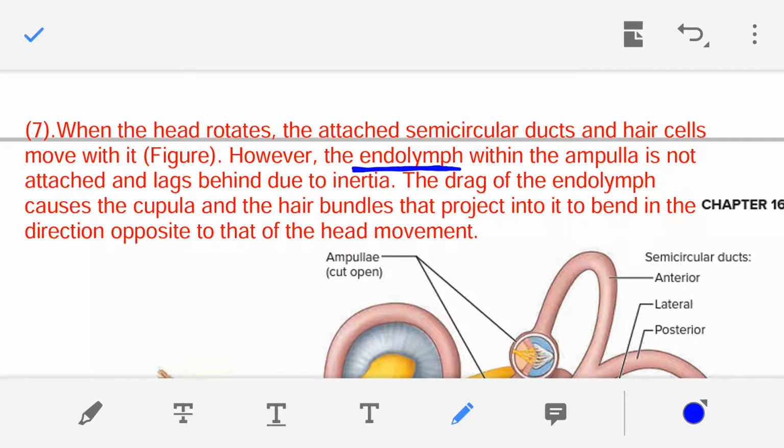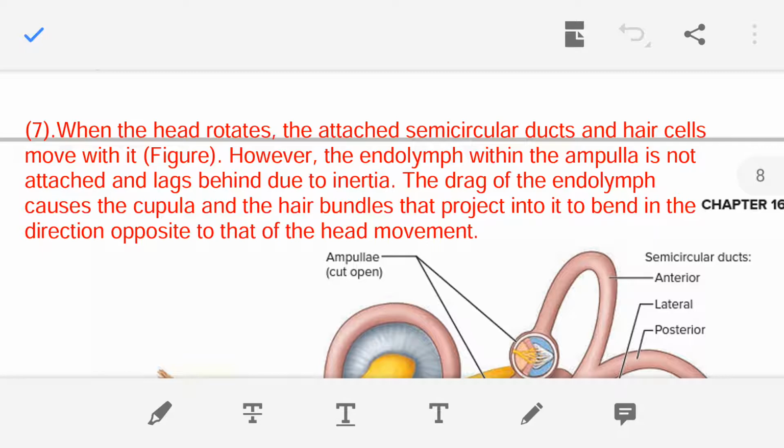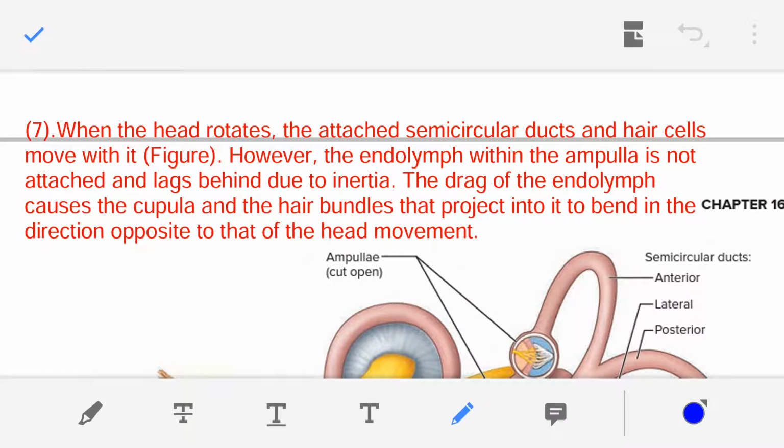It is not that the moment we rotate our head, in a fraction of a second, the endolymph is moving. It will move, but after some moment of time. So this lag period is due to inertia.